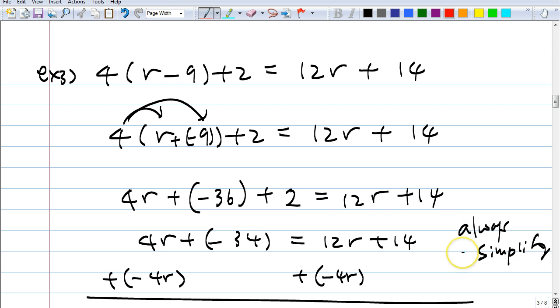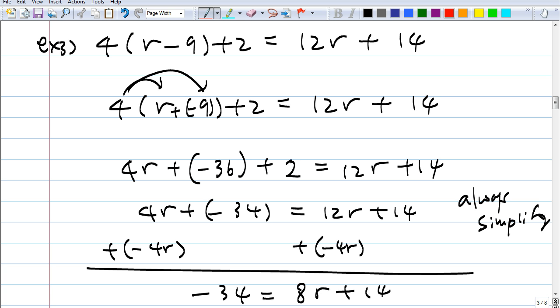Okay. So when I do that, somebody tell me what I get here. Song, what do I get? Negative 34 equals 8r plus 14. That's correct.